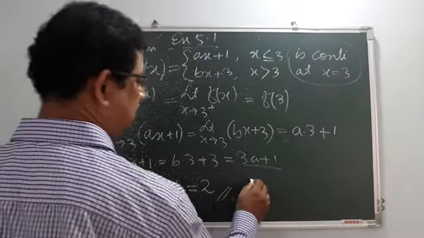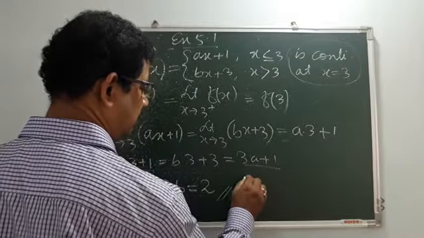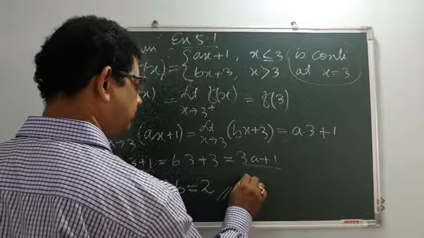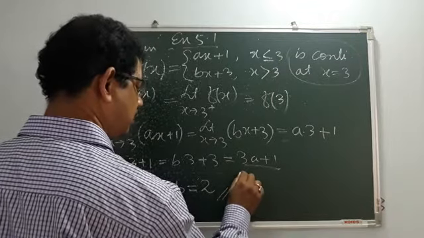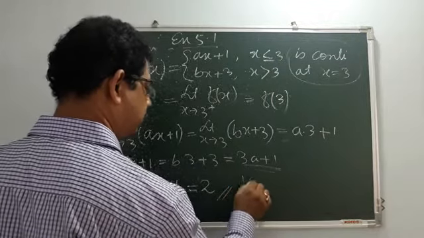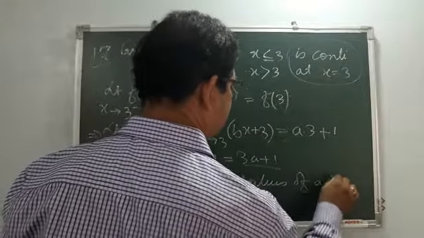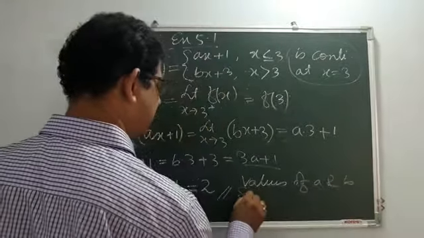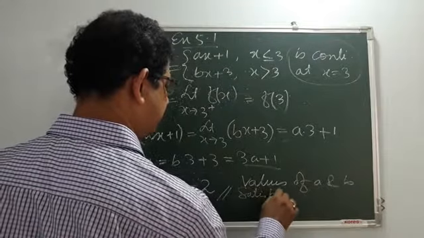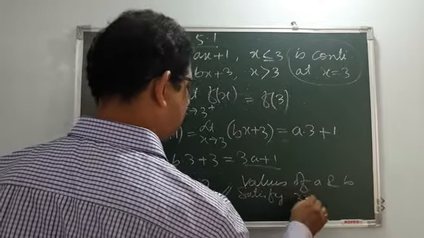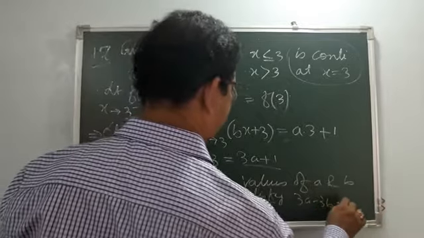So you have to write: values of a and b satisfy 3a minus 3b is equal to 3.